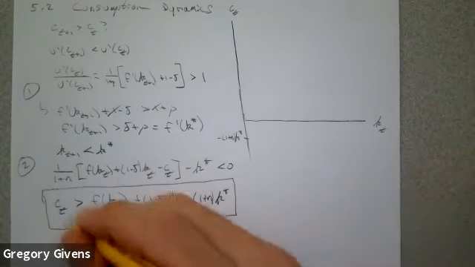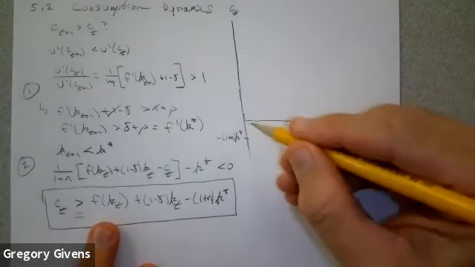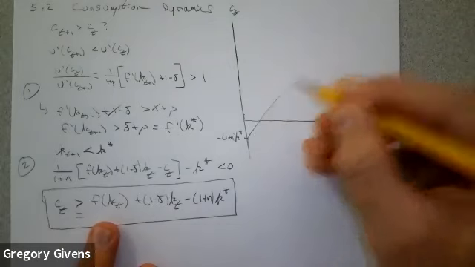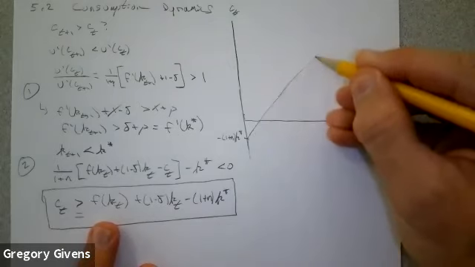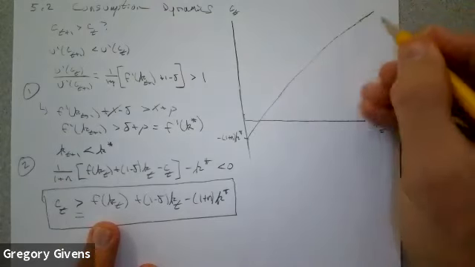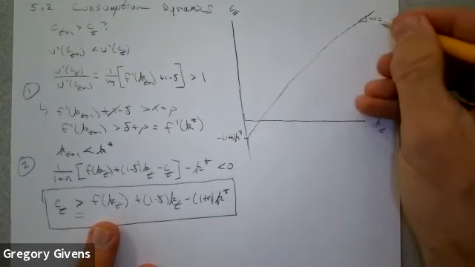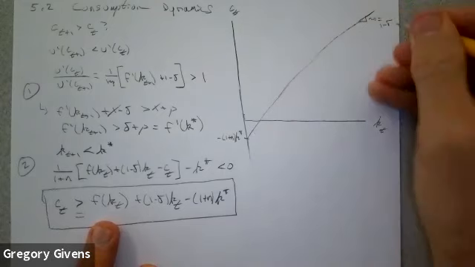What does this particular locus of points look like then? f plus 1 minus delta k minus a constant, right? Well, that's going to be strictly increasing. But eventually, as capital gets really big, the slope is going to converge to what? 1 minus delta.